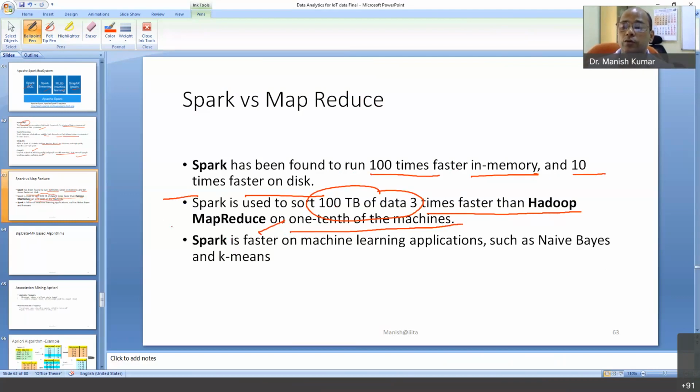So this is the big difference between these two. Obviously Spark will always be better for machine learning applications, because machine learning applications are very computationally intensive. So Spark can provide efficiency in terms of speed. You can also go for naive Bayes or k-means algorithms to be executed.